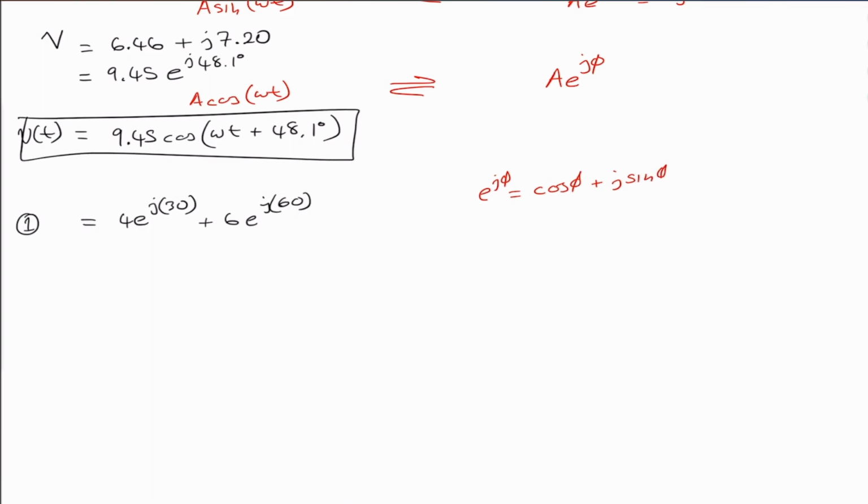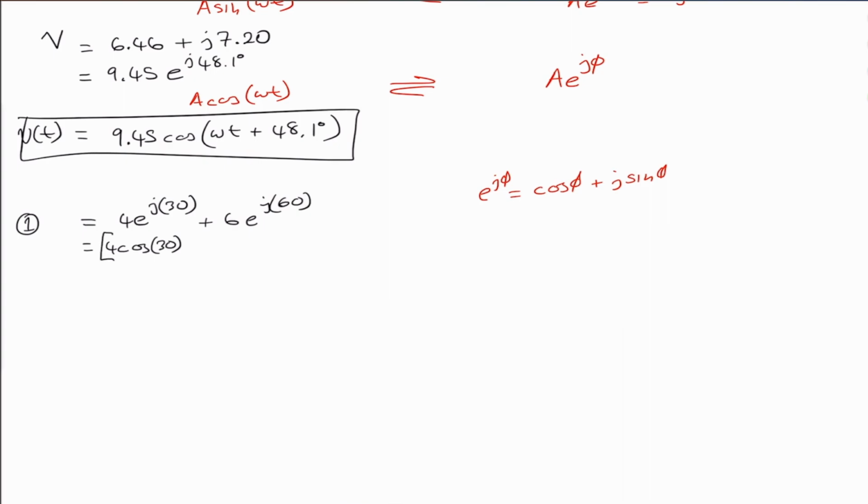So we then simplify that to 4 cosine, with an angle of 30, and you could factor it out at this point, or you could just go ahead and do it straight.